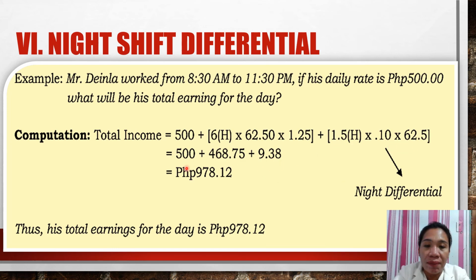So with that, 500 plus 468.75 plus 9.38, that is 978 pesos and 12 centavos. Okay?